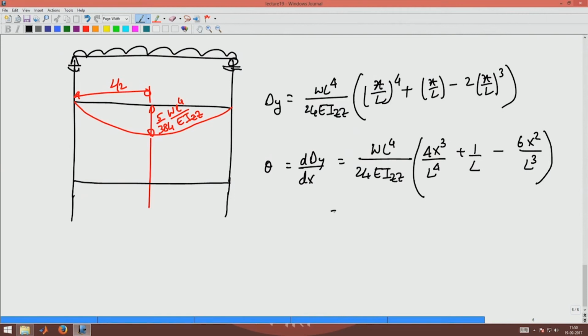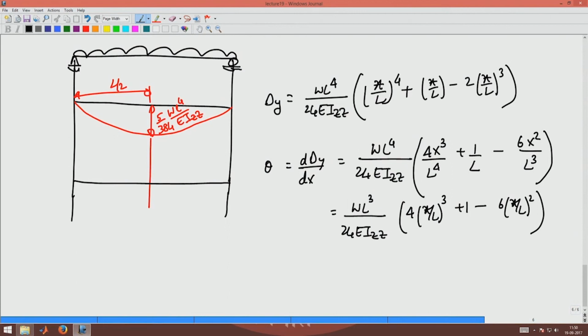Okay, so this will be W L cube by 24 E I ZZ into 4 x by L whole cube plus 1 minus 6 x by L whole square.